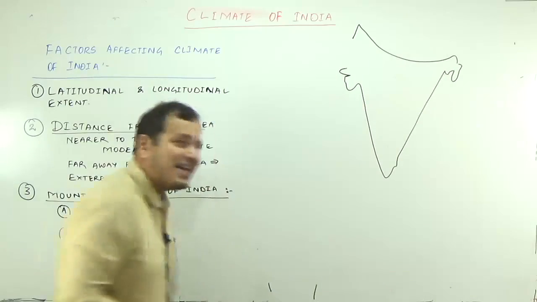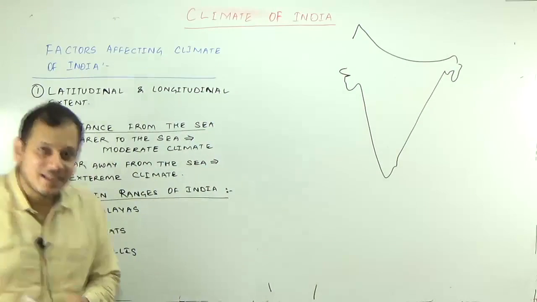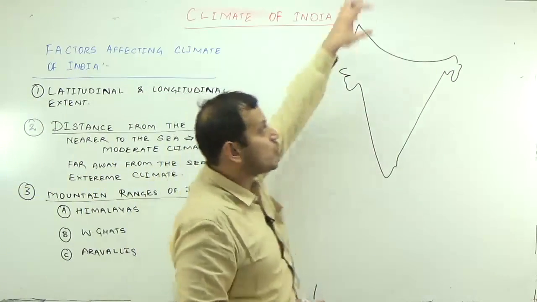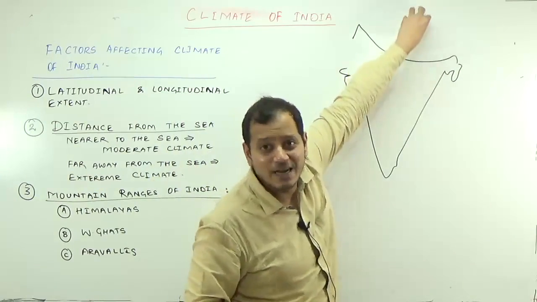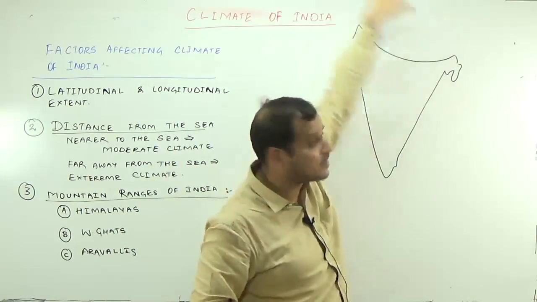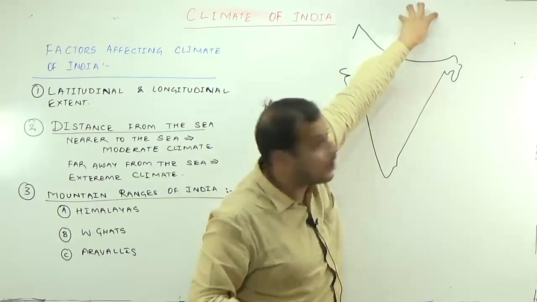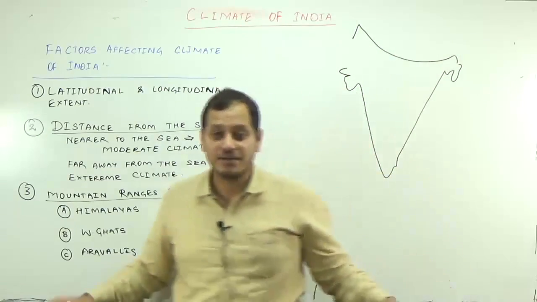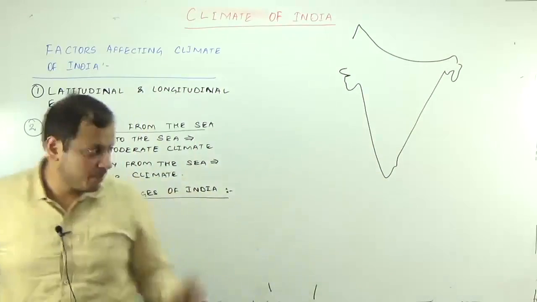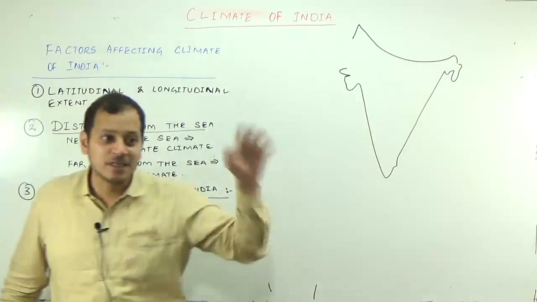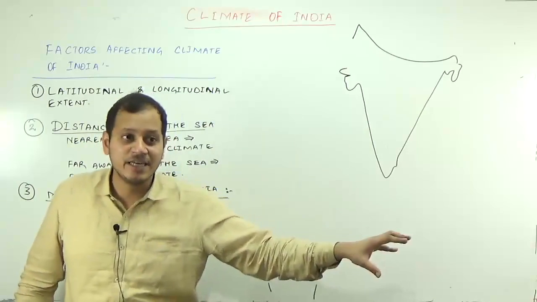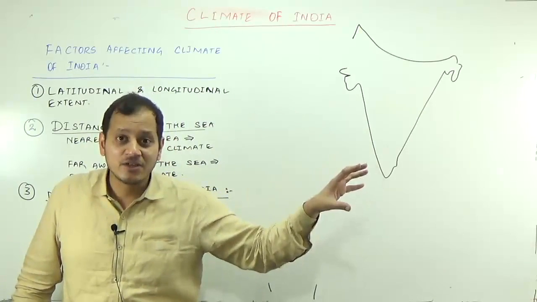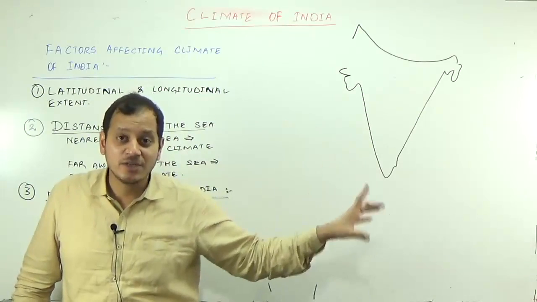Had the Himalayas not been there, the cold winds from Siberia, the cold winds from the Mongolian desert, the cold winds from the north would have come to India, and India would have been a cold desert during the winter season. But the Himalayas stop these cold winds from entering India, and thus India is not a cold desert during the winter season.